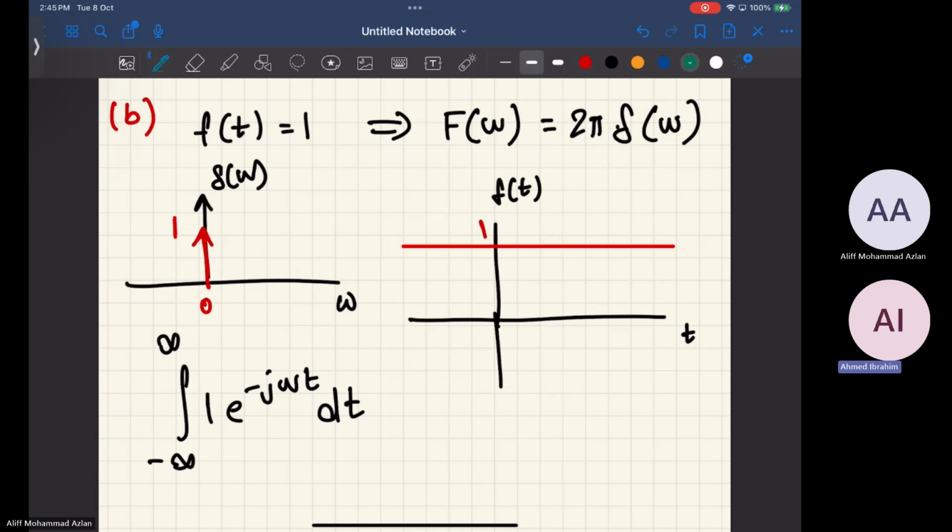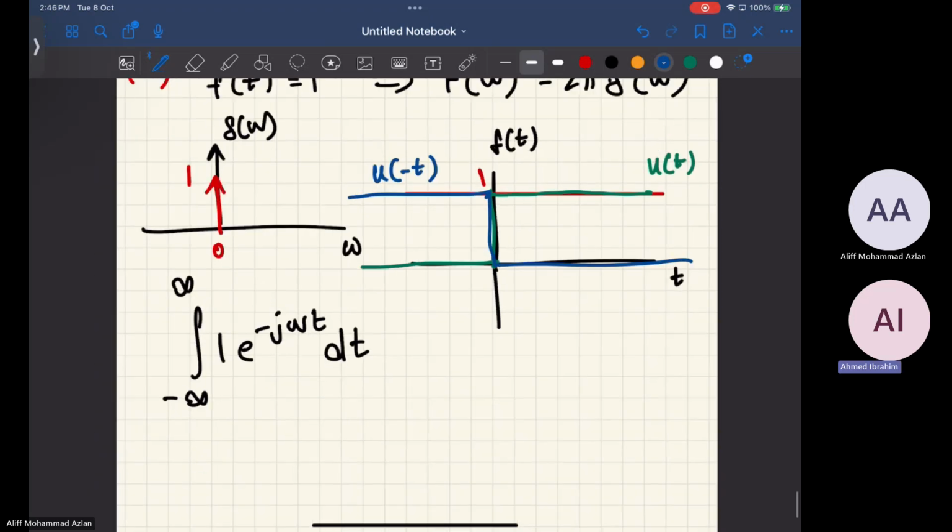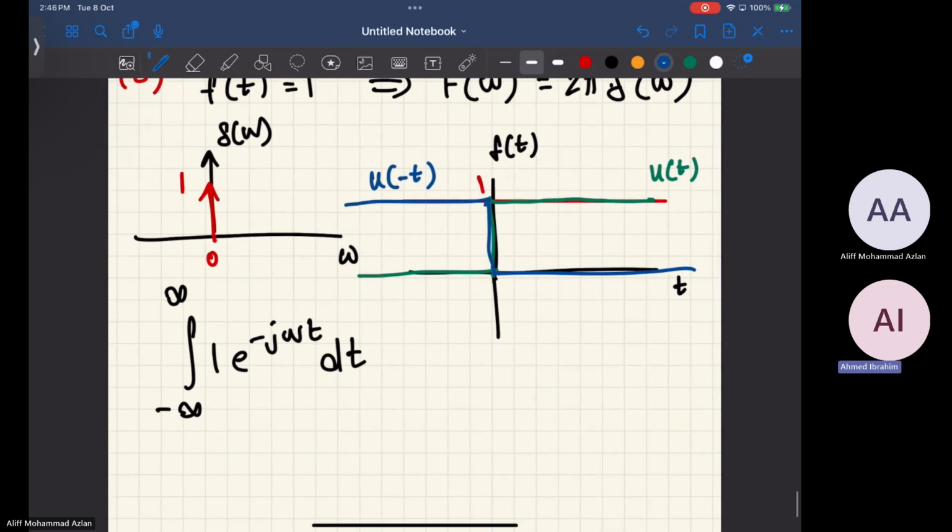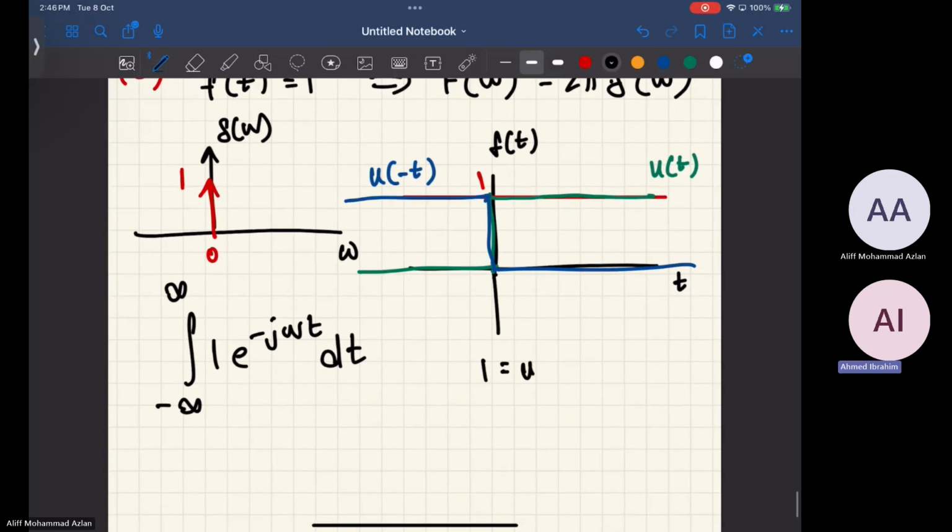So we could have a unit step function, which is u of t, and then another unit step function is equal to u of minus t. And so if we add them together, we end up getting 1. So 1 is equal to u of t plus u of minus t.